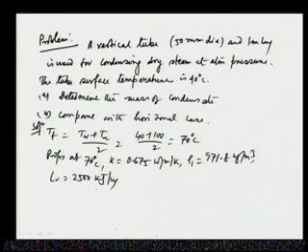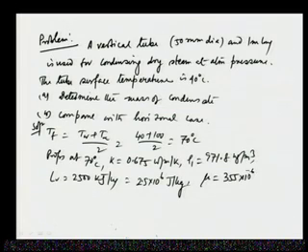Mind it, it is kilojoule, so it will be 2.5 into 10 to the power 6 joule per kg. And then mu L is equal to 355 into 10 to the power minus 6 kg per meter per second.